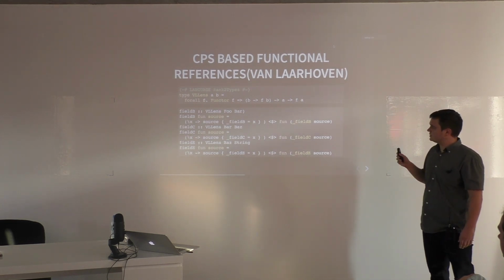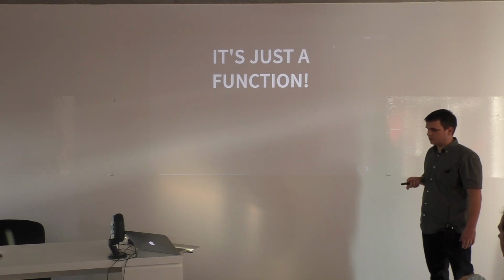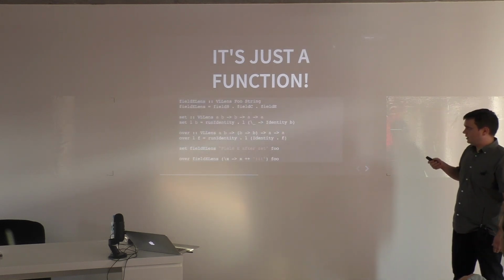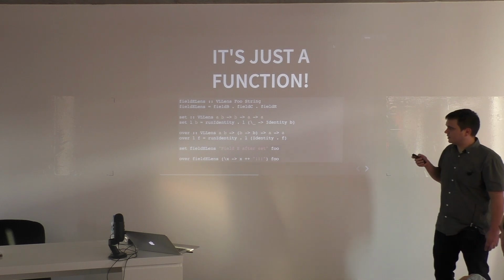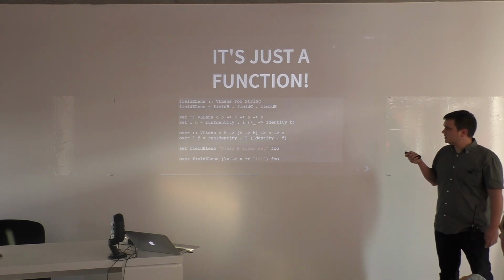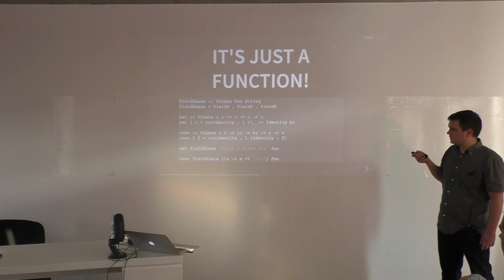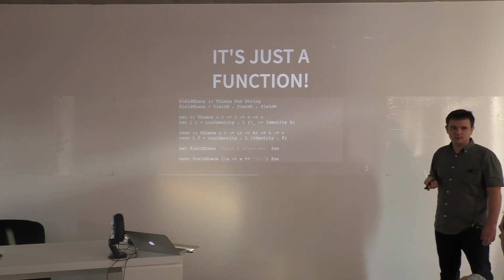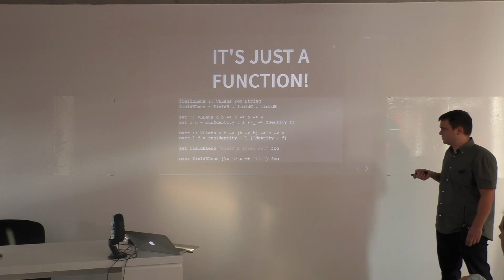What does it give to us? It's just a function, so we can compose them like normal functions. Practically the same case as before. We are composing these complicated lenses from the simple ones, just using simple function composition.